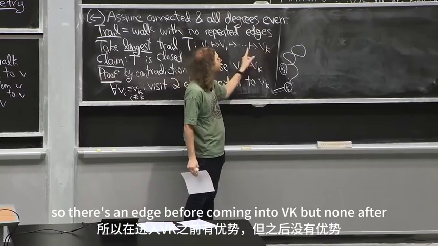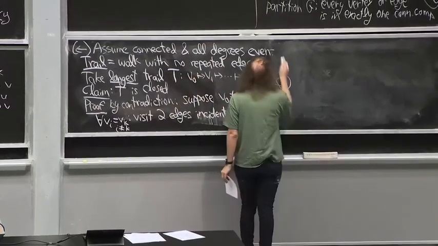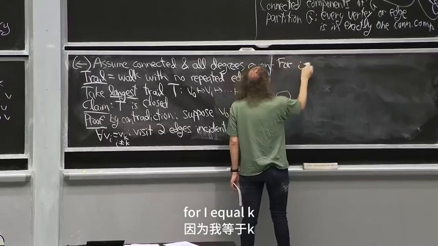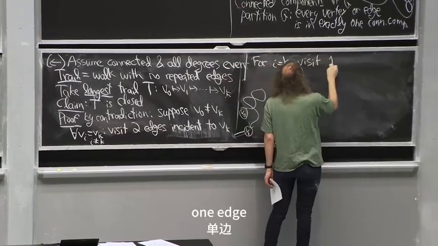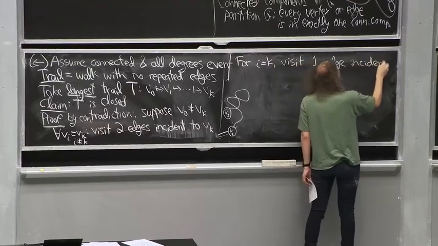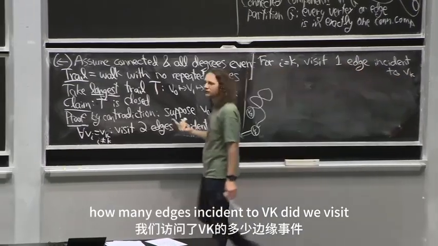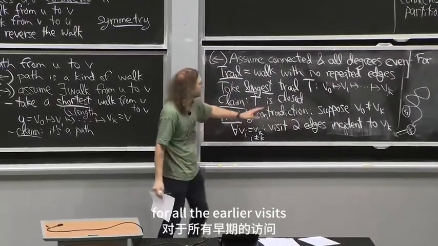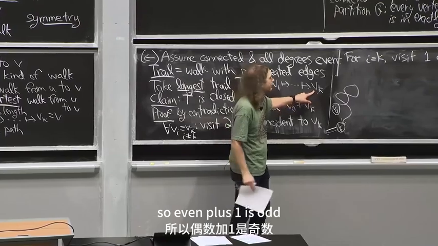So there's an edge before coming into vk, but none after. So for i equal k, for that visit to vk, we visit 1 edge incident to vk. So in this trail, how many edges incident to vk did we visit? An odd number, because we had an even number for all the earlier visits, and then we had 1 more at the end. So even plus 1 is odd.